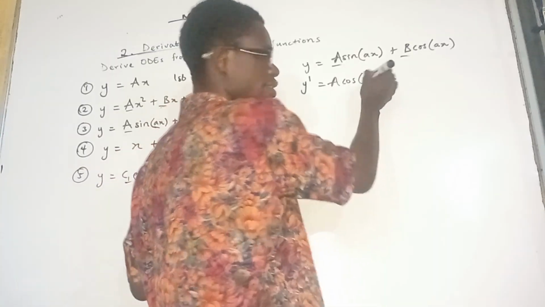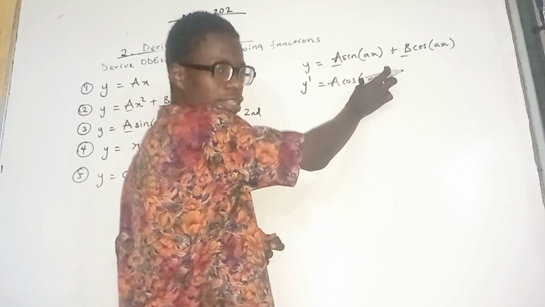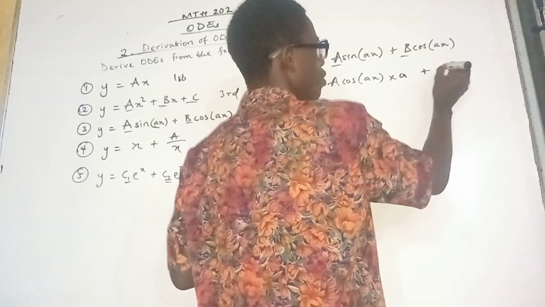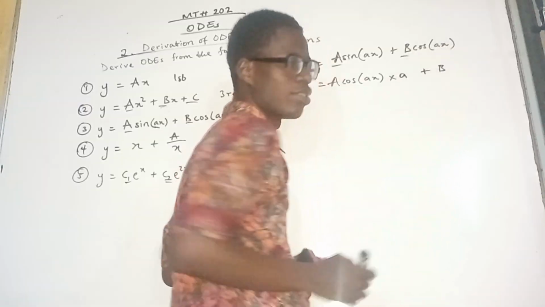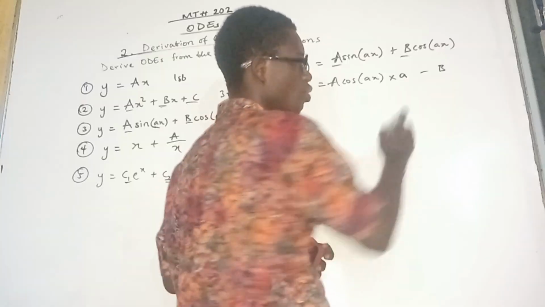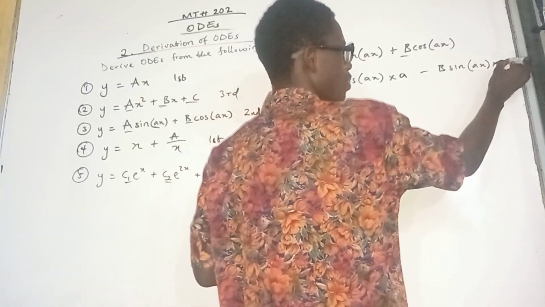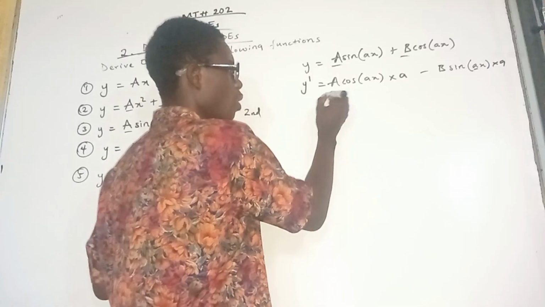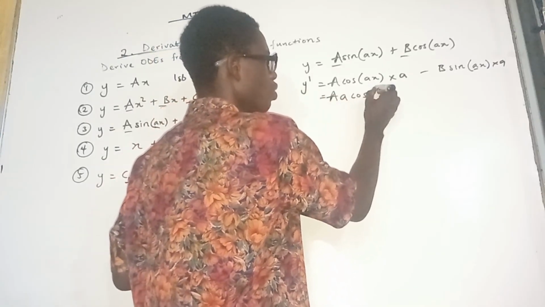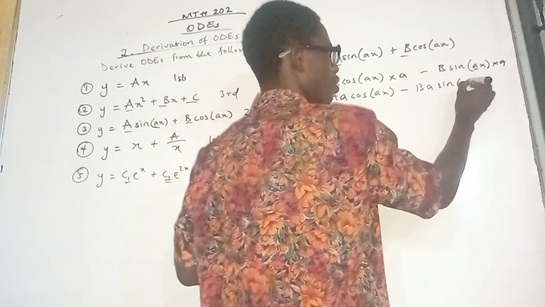Now, since it is a function of a function, I differentiate what is inside of it, which is a, times a, plus b. Now I'm differentiating cos, I'm getting sine, which means minus b sine ax times a when I differentiate what is inside. So my y prime will be a cos ax minus ba sine ax.